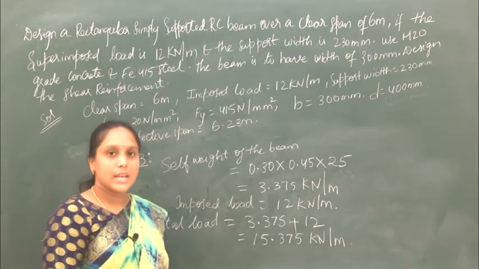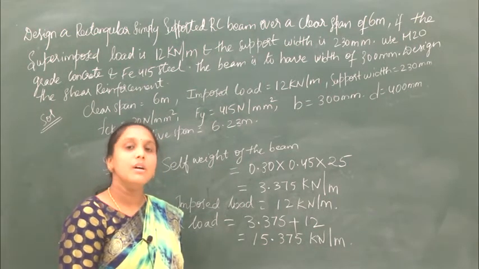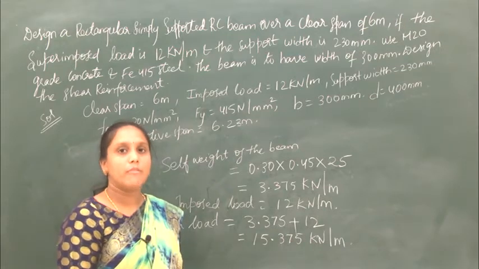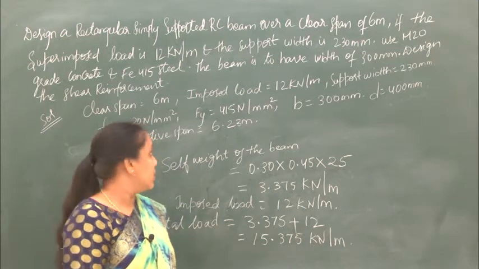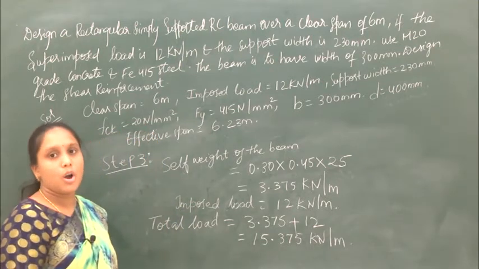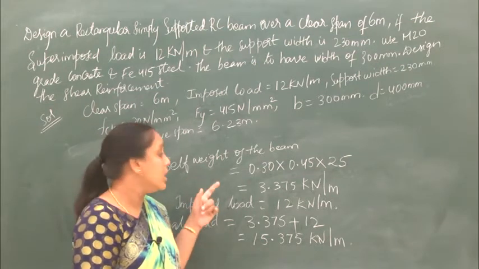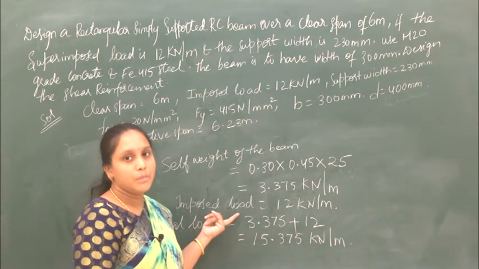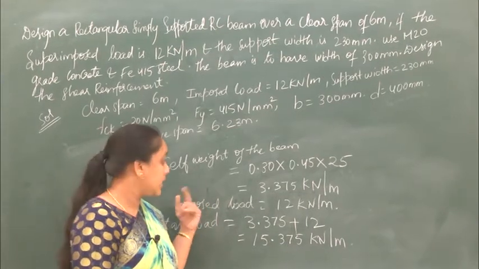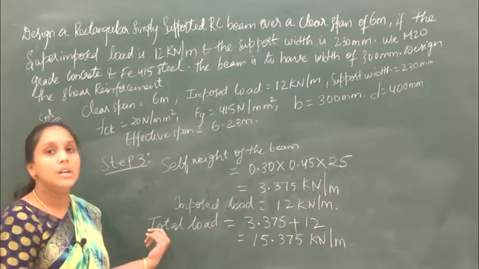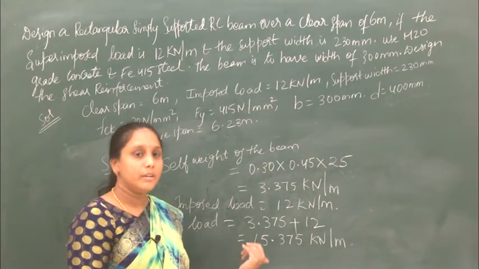While designing, as we have already discussed in the previous sessions, you have to consider the factored load. That is, you have to multiply the load with a suitable partial safety factor, based on the load combination. What are the load combinations we have here? One is the self weight of the beam, that is the dead load, and the other is the live load, or the imposed load. If both are acting on the beam, the partial safety factor is 1.5.